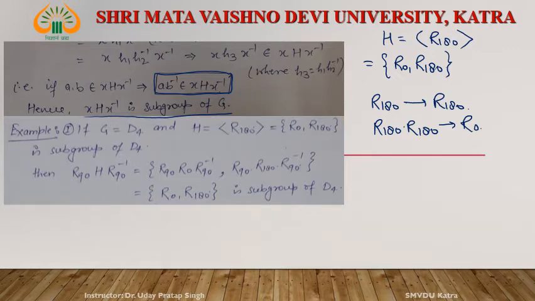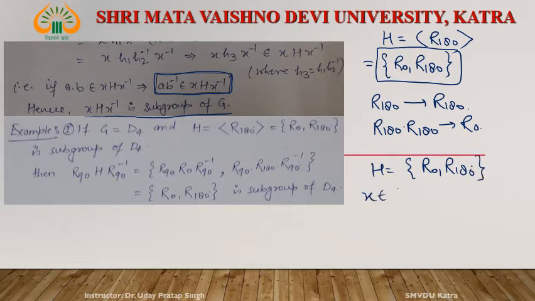Then there are two elements, that is R0 and R180. This is a subgroup. Say this subgroup is H, that is R0, R180.